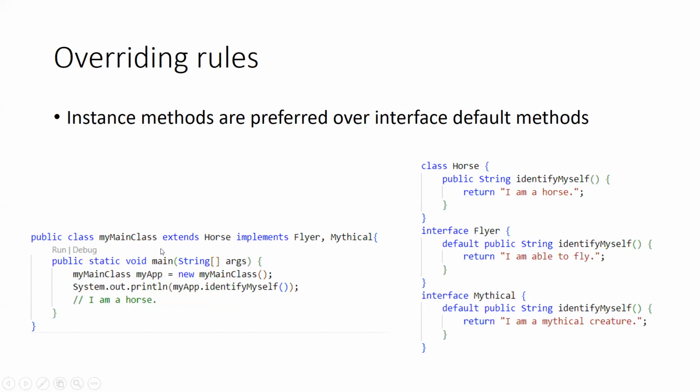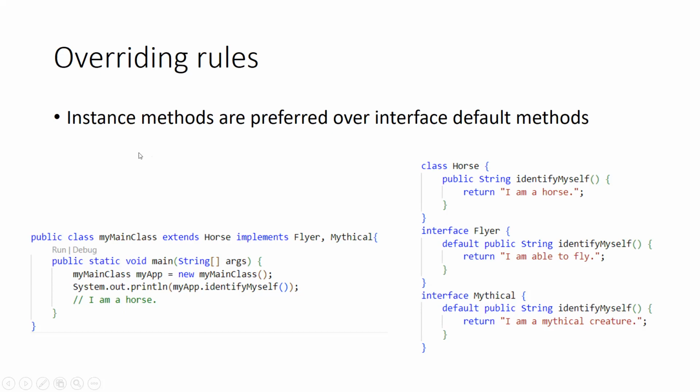If you have a class that extends some base class and implements multiple interfaces, and a method is defined in your horse class and also in your two interfaces, we have this identify myself method that is present in all three, in your base class and also in the flyer and mythical interfaces.